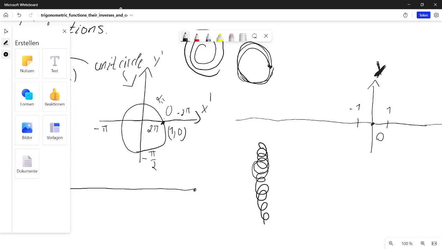Yeah, maybe it's exactly a wrong way around, but yeah, you remember how to draw the spiral, right? If we go into the positive direction, then we have to go like that, right? So what I would do would be going like that, right? I go like that, go through my circle, go like that, go through my circle. Okay, but now in the negative direction, I go like that.